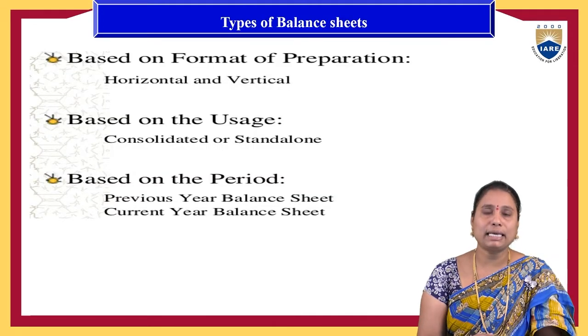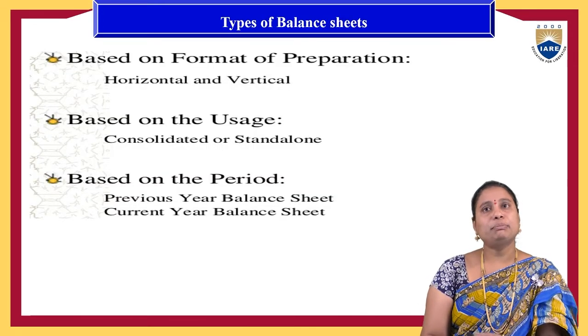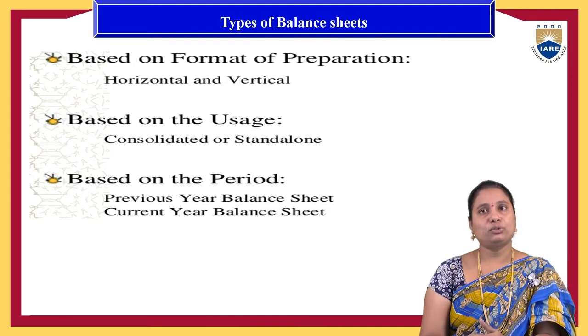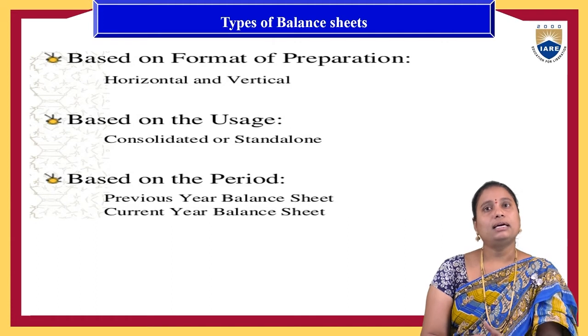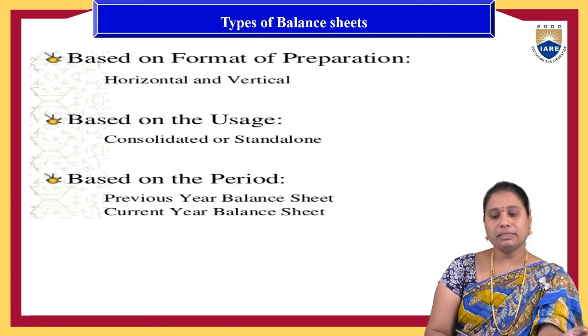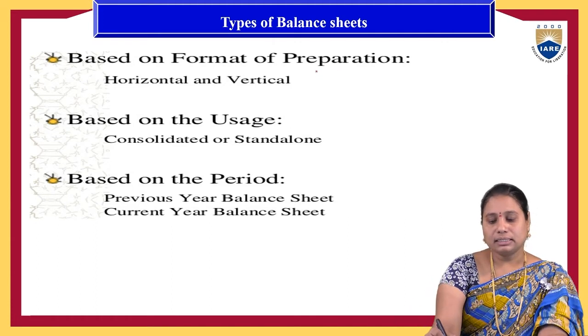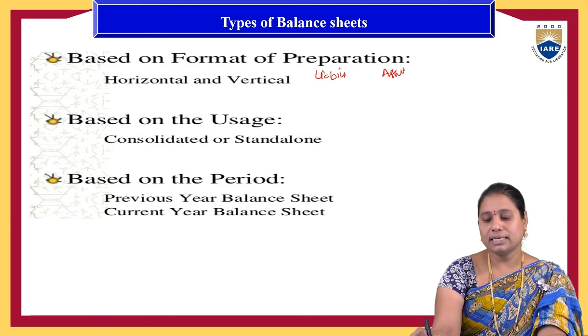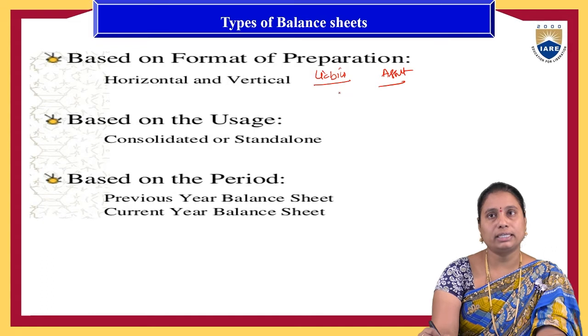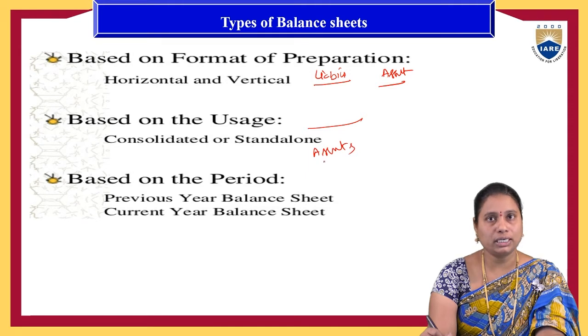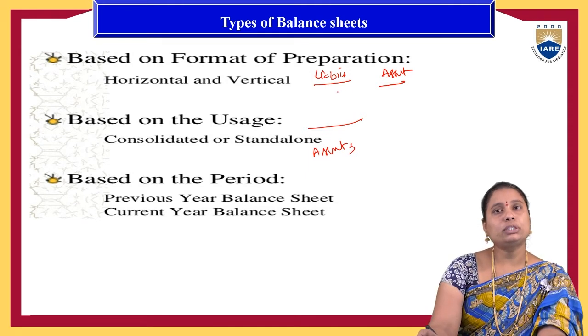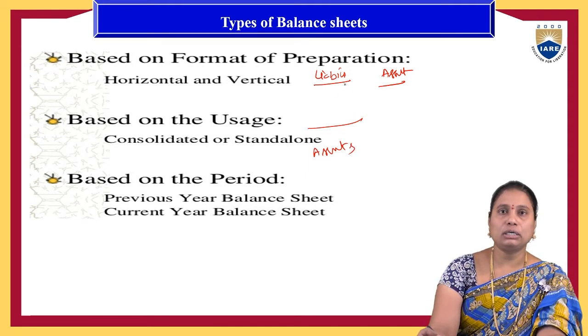If we see, these balance sheets are prepared based on format: horizontal or vertical. Horizontal means liabilities as well as assets are prepared side by side, like this; liabilities first, then assets, is called horizontal. Based on usage, consolidated or standalone.